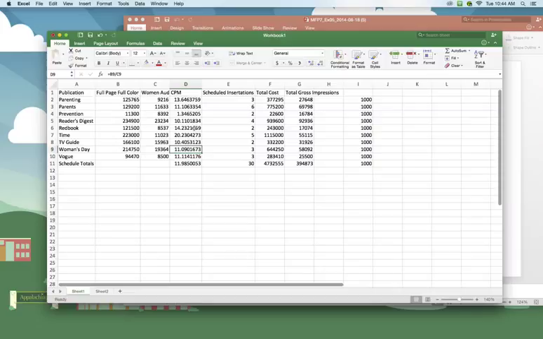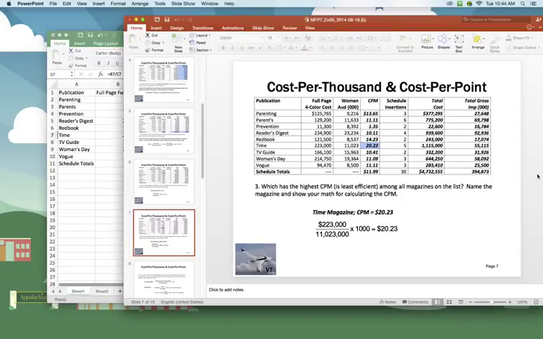We'll say 11.1. Time Magazine, on the other hand, does not have the same universe that we're looking for, but costs significantly more. So it's got a pretty bad CPM in this case. 20.2 at 23 is not something we would probably be aiming for. So again, these are bang for the buck kind of problems.